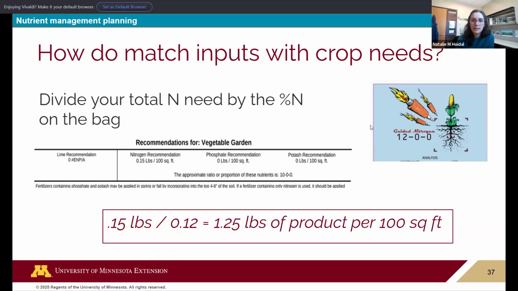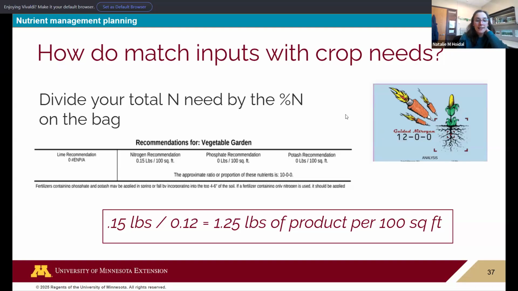So let's say we're using this guided nitrogen product. It's 12-0-0. I would divide 0.15 pounds, that's my need per 100 square feet, by 0.12. That means for my 100 square foot area, I need 1.25 pounds of product for 100 square feet.